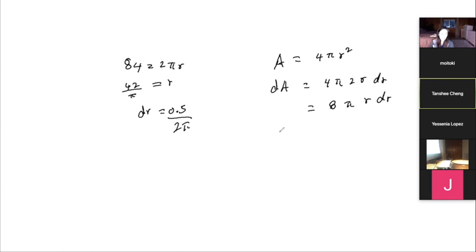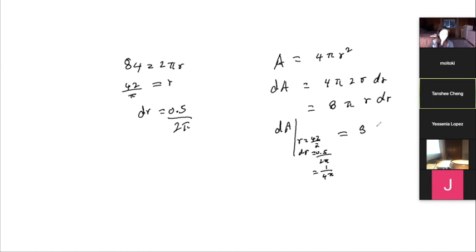So this is the maximum error, evaluating that r is equal to 42 over pi and dr at 0.5 over 2 pi, which is 1 over 4 pi that you're talking about. So this is your maximum error.